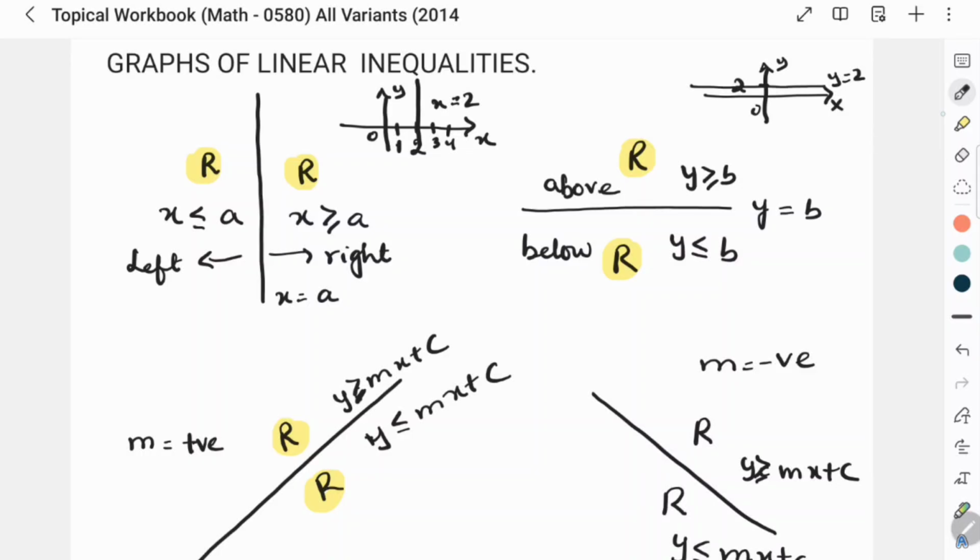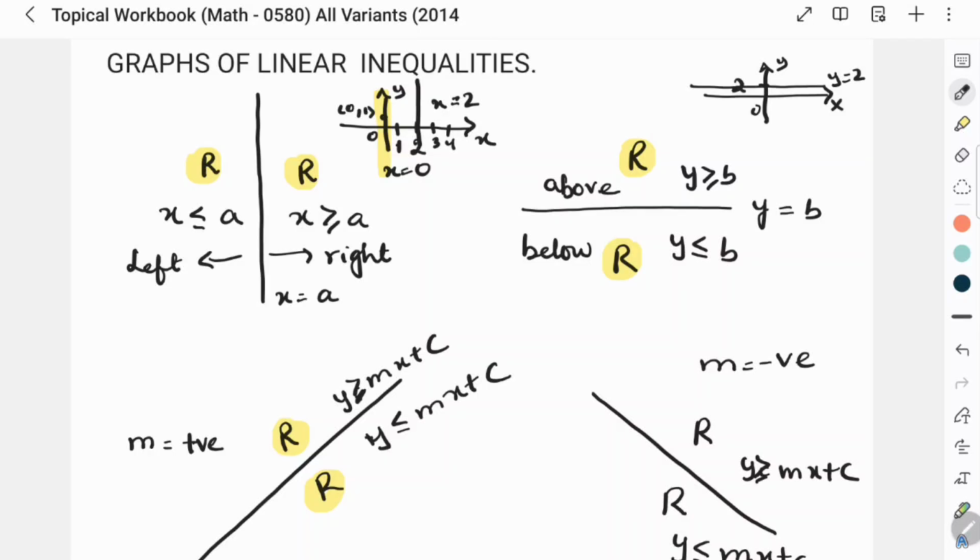The equation of the y-axis is x equals 0, because a vertical line is x equals, and the y-axis has different numbers for y but a constant 0 for x, like (0, 1), (0, 2), (0, 3).